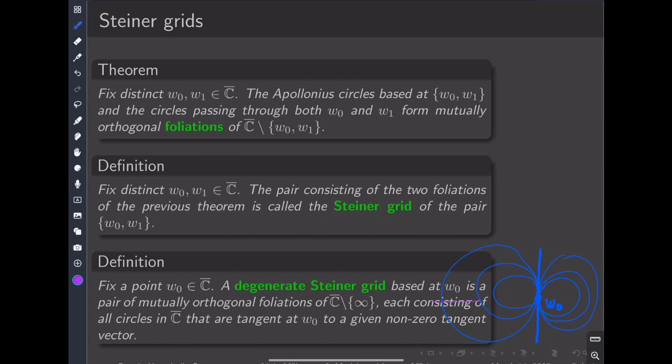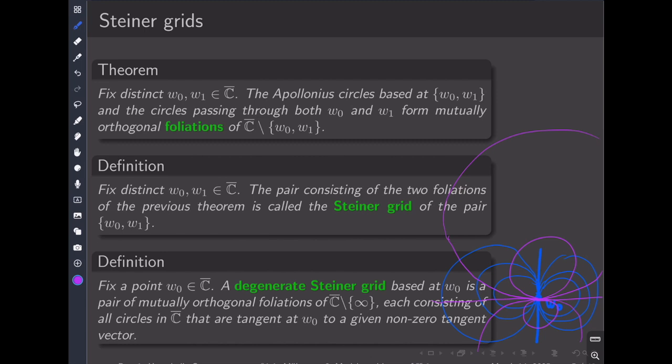It is again all the circles, and that's not even tangent, the circles that are tangent to that orthogonal direction at W0. And this I call a degenerate Steiner grid based at the given point.